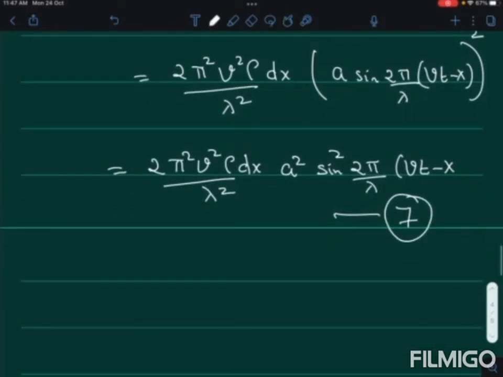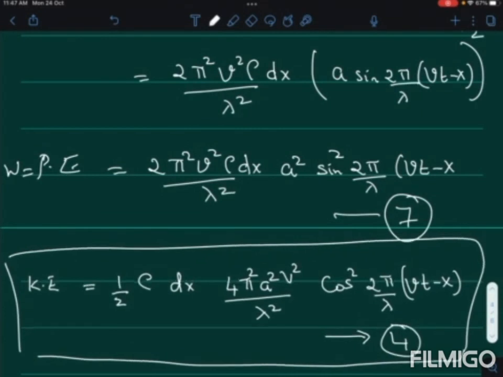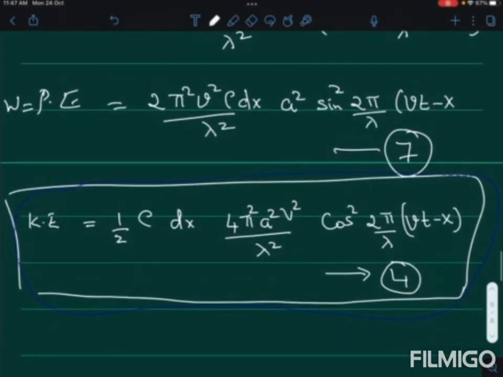That's my potential energy here, which is stored as the work done. The work done is stored as potential energy. And the other one is my kinetic energy.